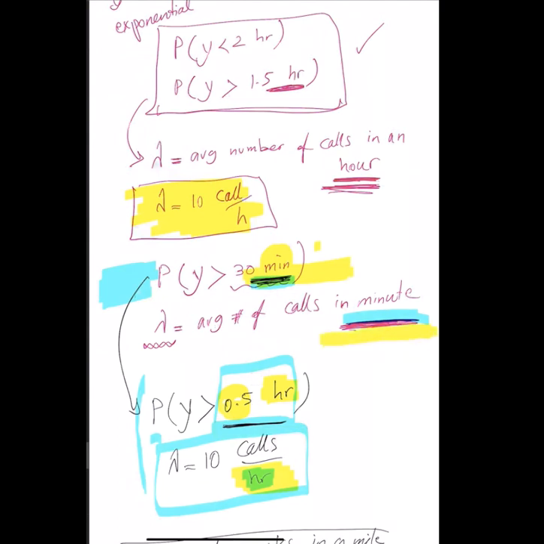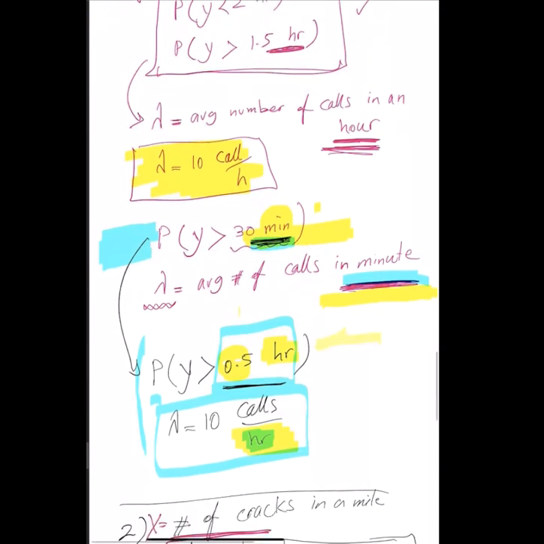If that's not the case, just do the transformation. If you have calls per hour, transform it to calls per minute and just put that lambda. Or like what we did here, change the question to the unit of lambda. If the lambda is per hour, change the question to per hour. See which one is easier. For here, 30 minutes to half an hour was an easy transformation, but sometimes it may not be as easy. So see which one is easier.